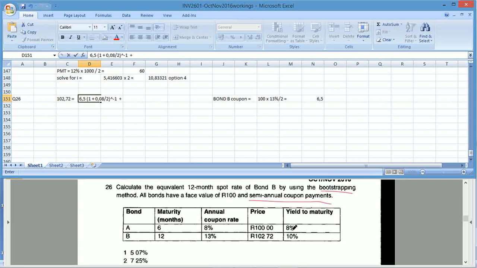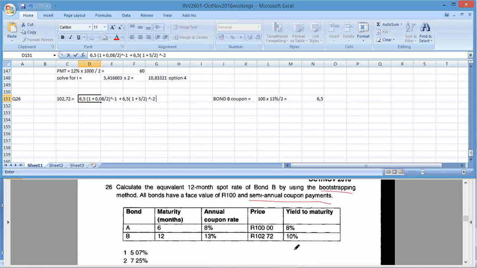Then you'll add the next coupon, which is 6.5, times (1 plus the rate for 12 months. The 12 months here is yield to maturity, 10%, but we're looking for the 12-month spot. So the 12-month spot would be this spot rate divided by 2), close brackets, to the power -2.